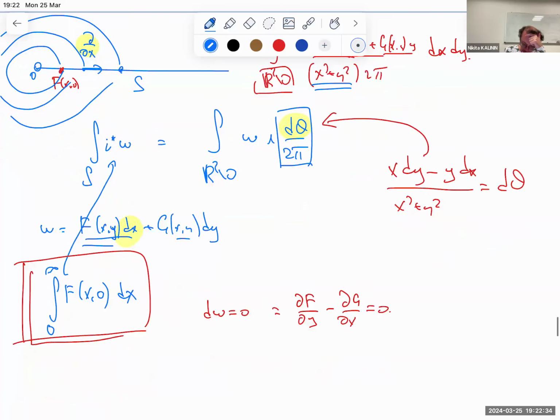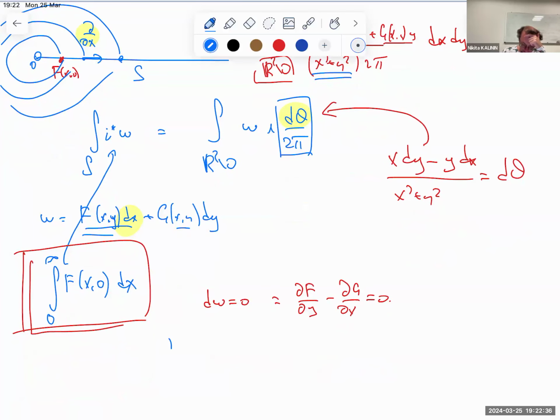So maybe what I want to say is that the integral over a circle of radius r of omega wedge d theta over 2 pi is equal to omega at the point (r,0) evaluated at the vector d/dr, divided by r, right?